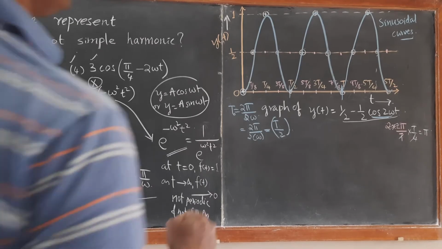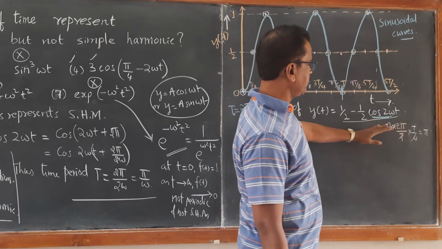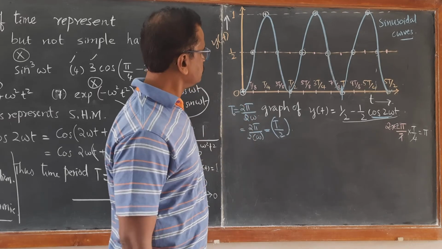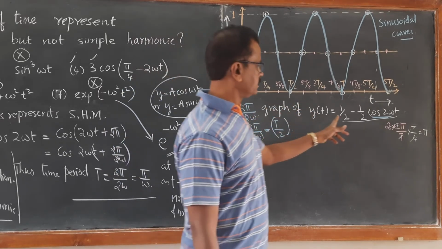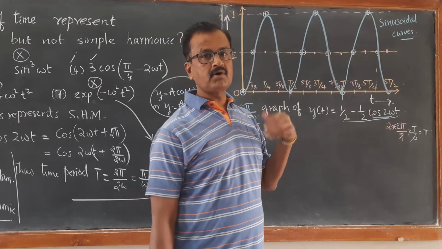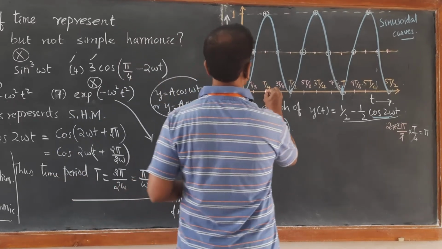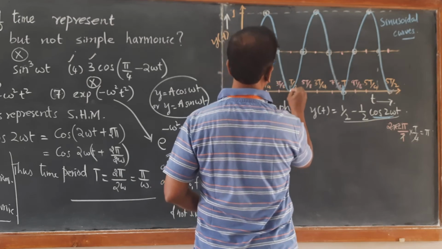Just pay attention here. I have drawn the graph of the cos squared function, wherein the time period is t by 2. Now, if it is cos omega t, suppose it is half minus half cos omega t, then how would the graph be? Look at this. I am just putting the points here.